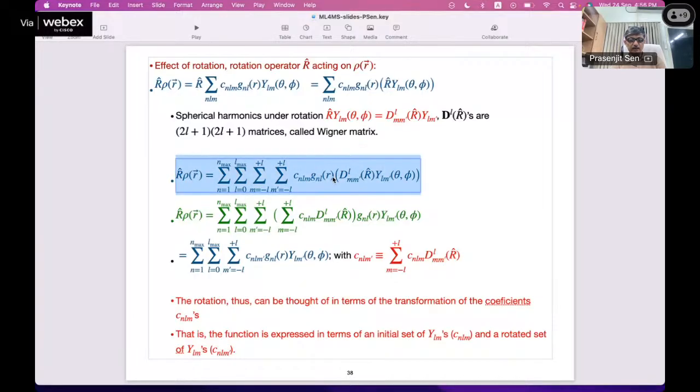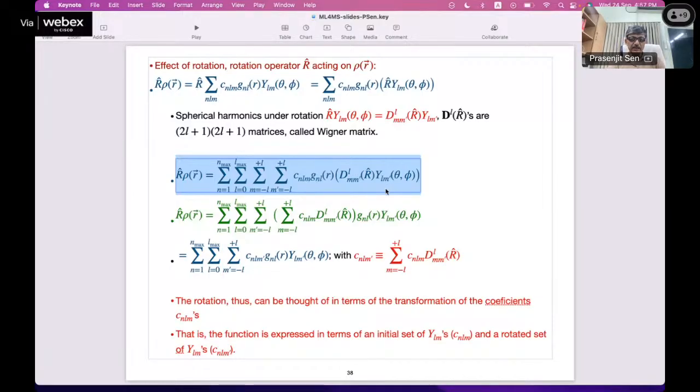So this is what I had written here, except that now I'm writing the sums explicitly. This R operator acting on Y_lm is written in terms of the matrix, and the sum over m primed is also explicitly written here. All the others are explicitly written too: sum over n, sum over l, sum over m, and sum over m primed.